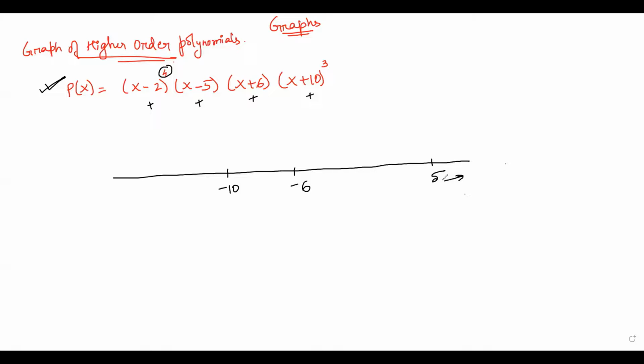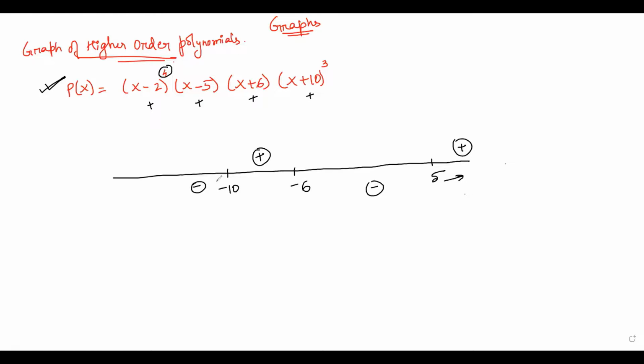So any value which is more than 5, this polynomial p(x) would be attaining positive value. Between -6 to 5, this would be attaining negative value. Between -10 to -6, this would again be attaining positive value. And for values less than -10, this polynomial p(x) would again be attaining negative values.